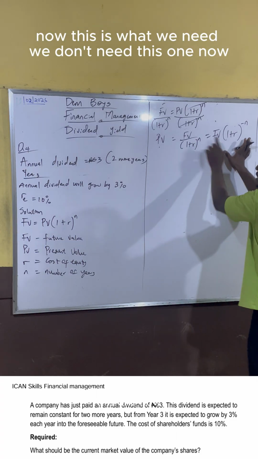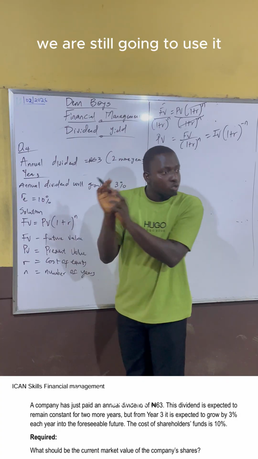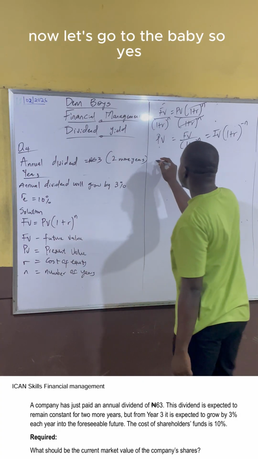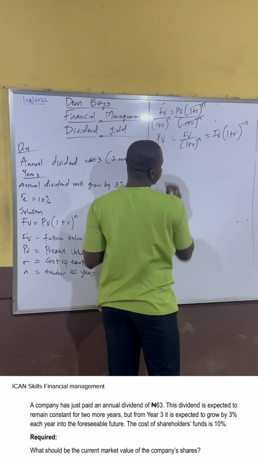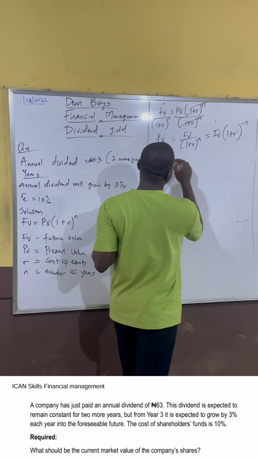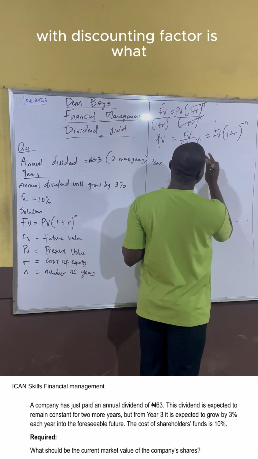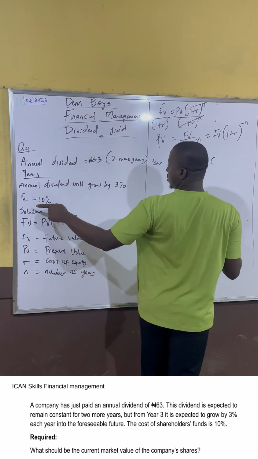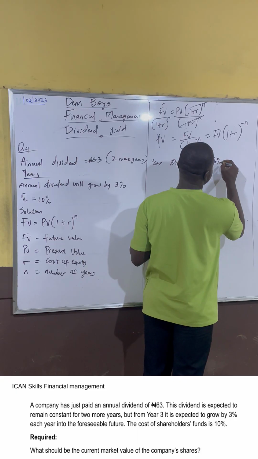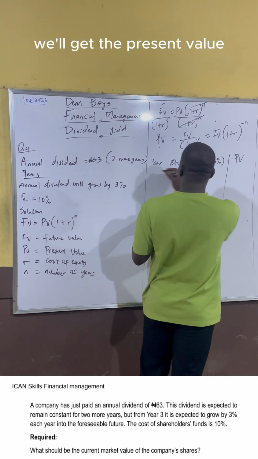Now, this is what we need. We don't need this one now, but we are still going to use it. Now, let's just begin. The discounting rate, the discounting factor, is 10%. Then we'll get the present value.